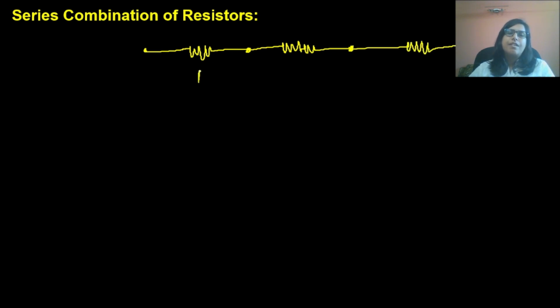Suppose this is resistor R1, this is resistor R2, this is resistor R3, and these points are A, B, C, D. Right. So the current in these resistors will be the same. Suppose this current is I.